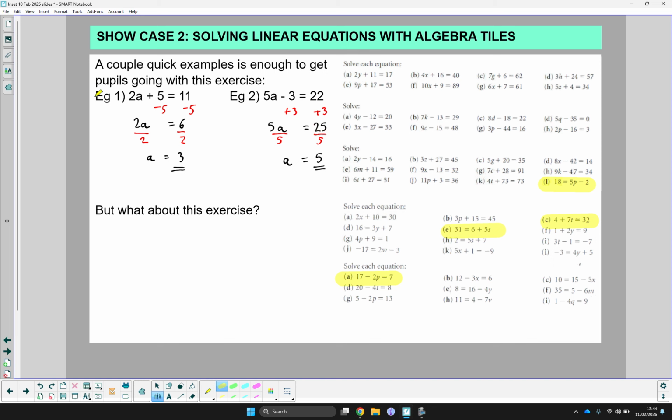Really, when I teach like this, or when I have taught like this, I'm not really teaching the pupils how to solve equations. What I'm really doing is getting them to recognize a pattern. So their understanding on how to solve an equation is limited.